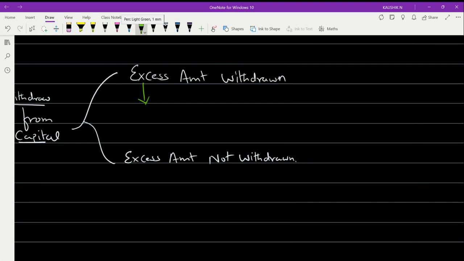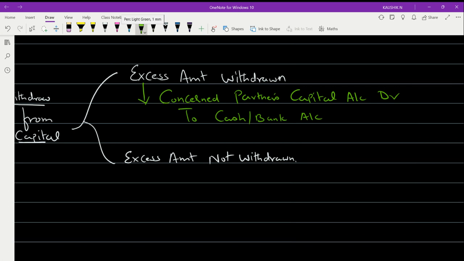So when the excess amount of capital has been withdrawn, the entry will be: concerned partner's capital account debited to cash or bank account. Are you able to understand? Concerned partner's capital account debited to cash or bank account if it has been withdrawn.